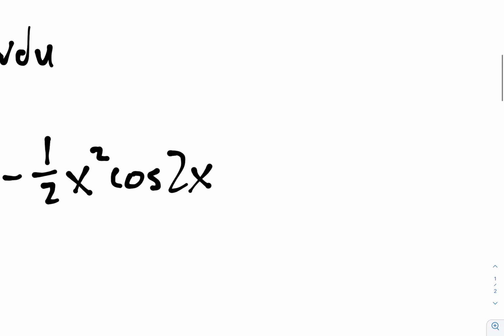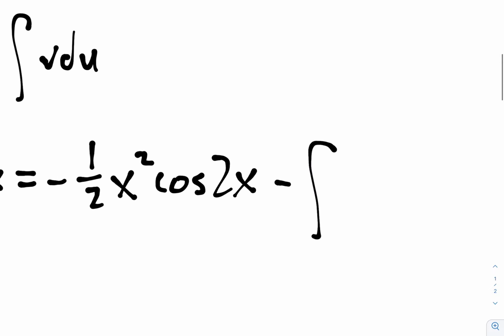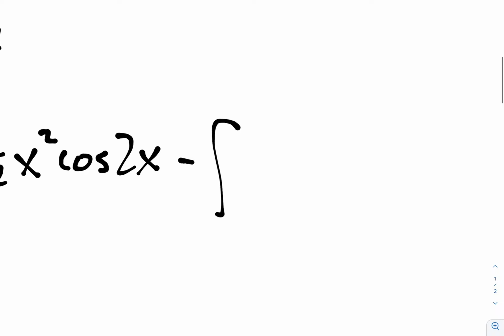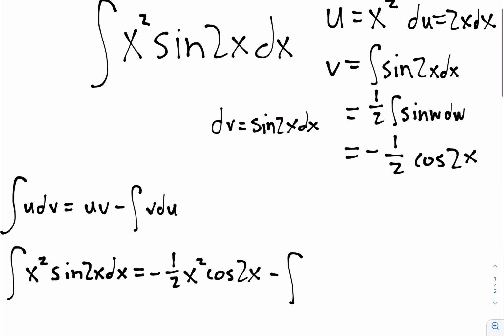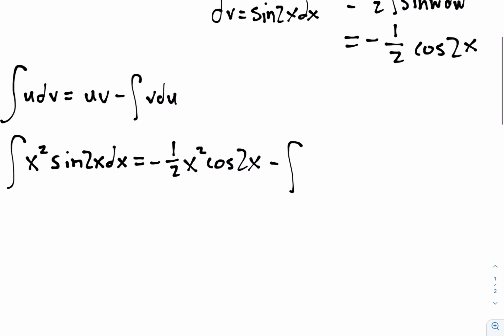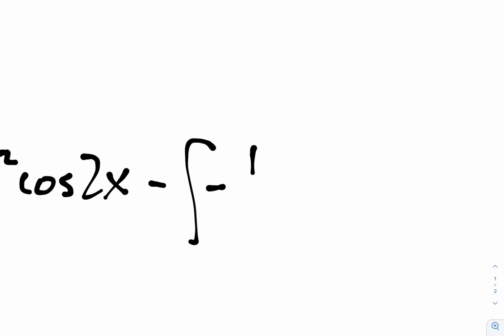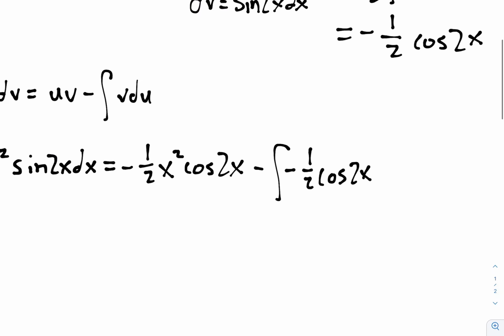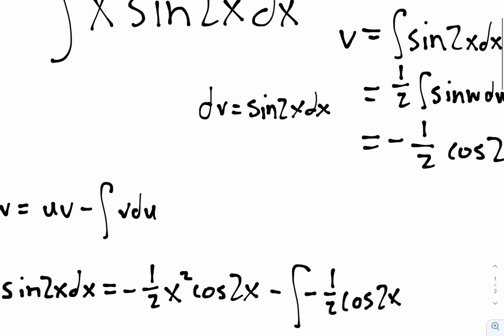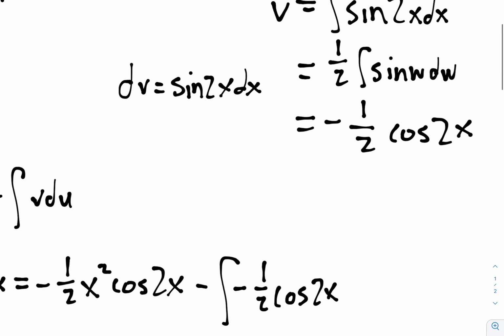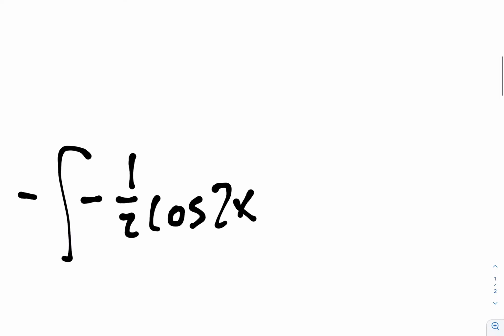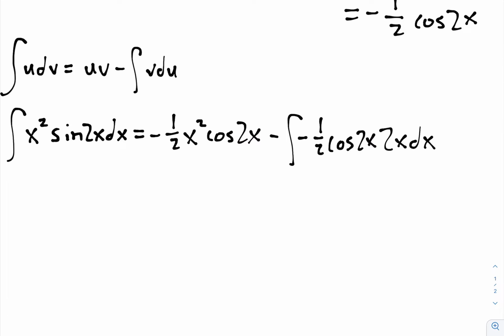We got minus the integral of v du. So v was negative 1/2 cosine 2x, and what was our du? Our du was 2x dx.